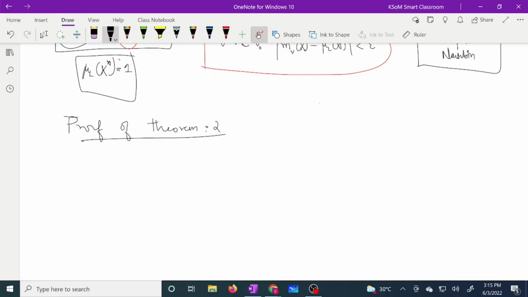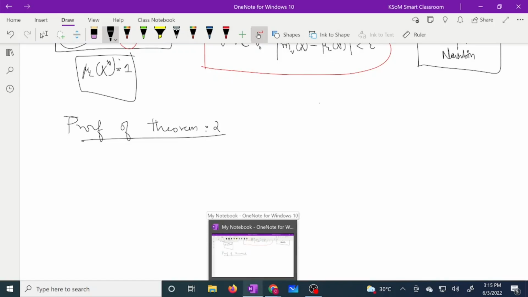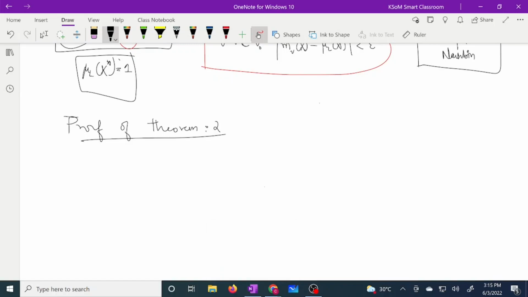We recall a few more things from functional analysis this time. So first one is the Riesz-Markov theorem. Can anyone tell me what the Riesz-Markov theorem is?